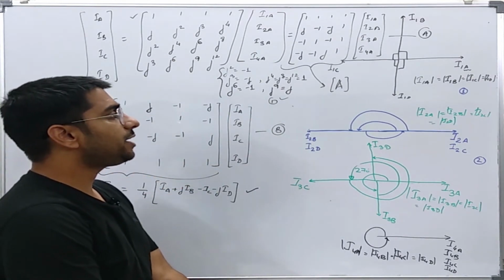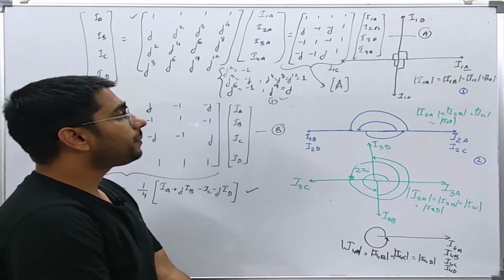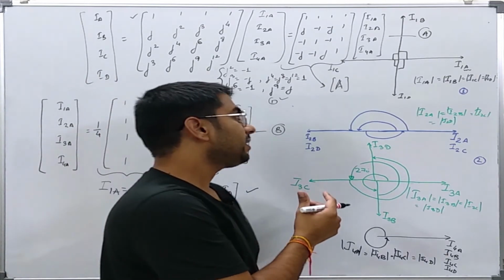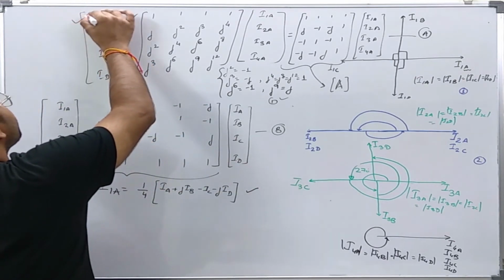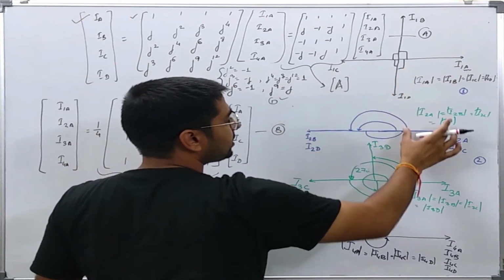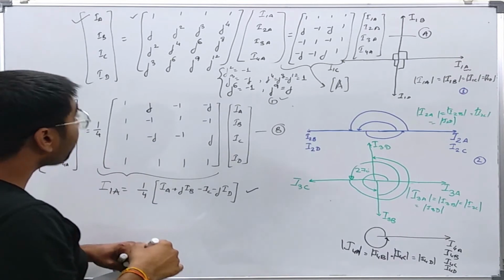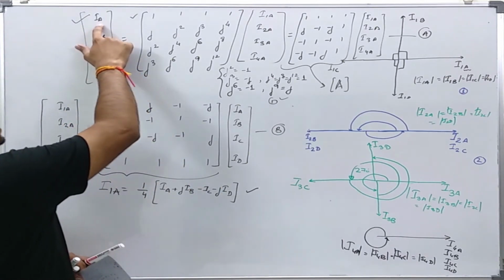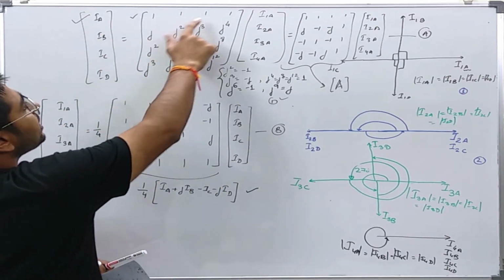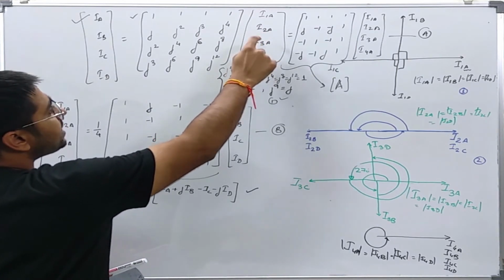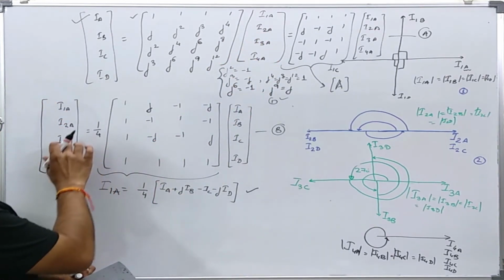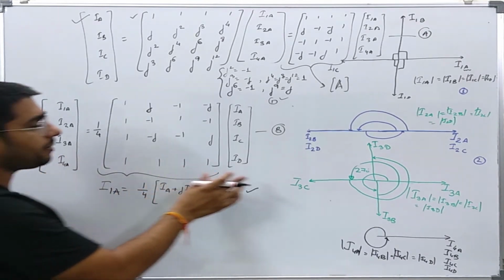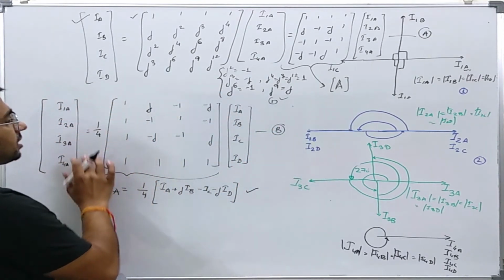Now let us try to pictorially find, let us say, phasor A from these phasors. Phasor A is nothing but I1a plus I2a plus I3a plus I4a, and I1a, I2a, I3a, I4a have been determined using these equations.